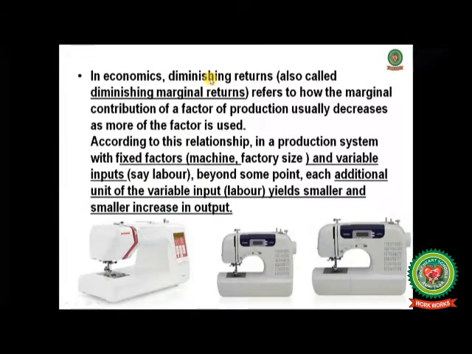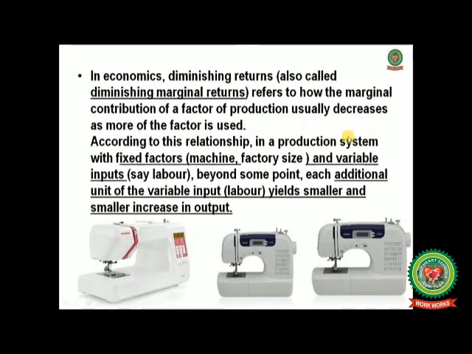Now in economics, you know that diminishing returns, also called diminishing marginal returns, refers to how the marginal contribution of a factor of production usually decreases as more and more of that factor is used. Here we have used more and more of the factor, that is labor.